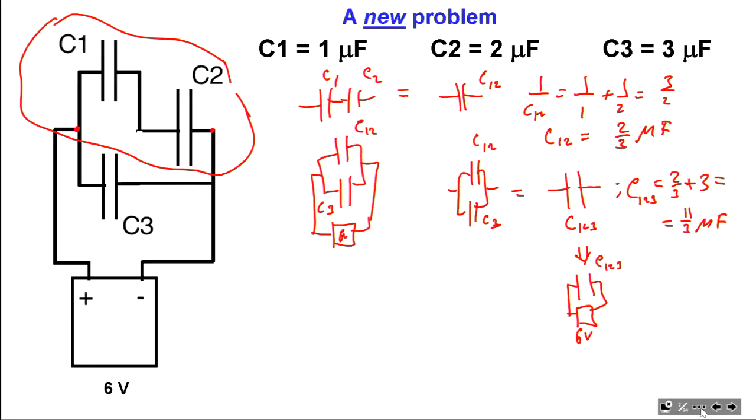Finally, when we have only one capacitor left connected to a battery, we can start calculating other things. What other things? What can we calculate? Charge. As long as for the same capacitor, we know 2 out of 3 variables, we can calculate the third one, which 2 doesn't matter.